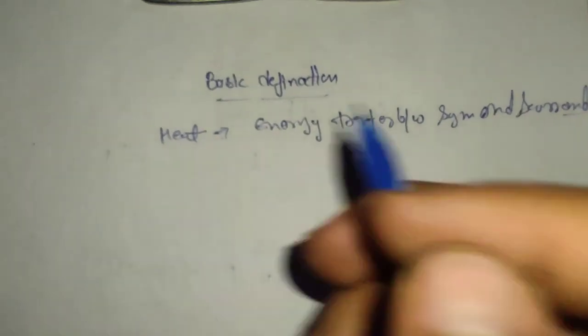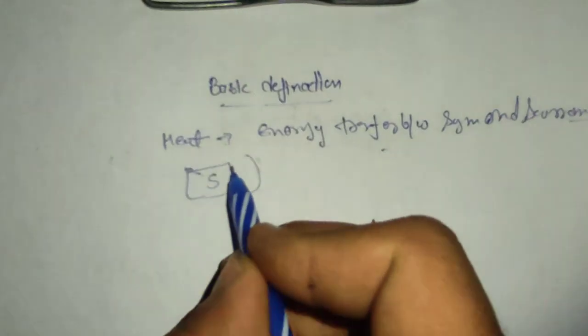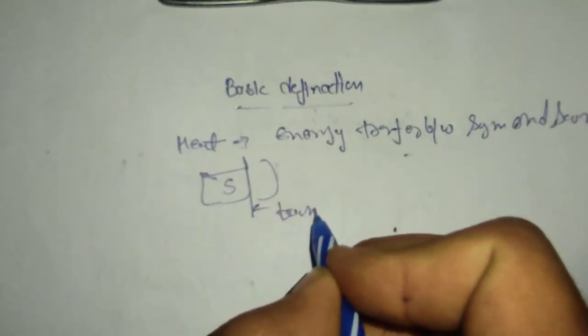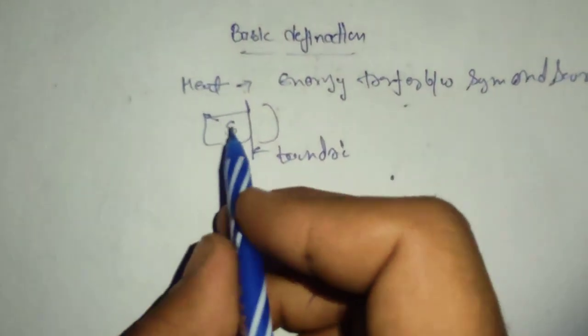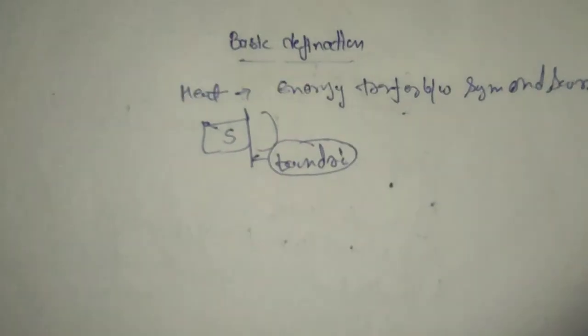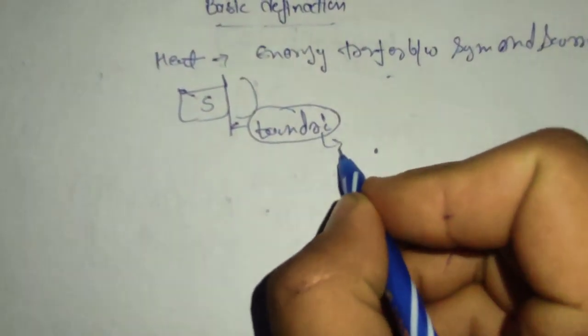If the system and the surrounding are separated by a boundary, this is called the boundary wall. This is the basic definitions we already knew from the previous classes, but it is important.